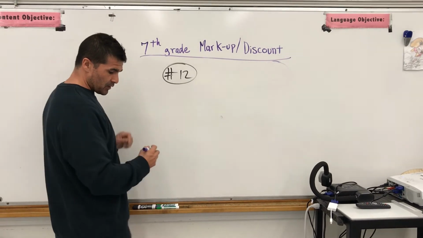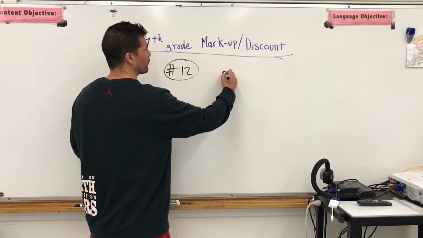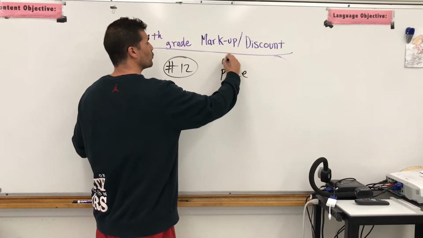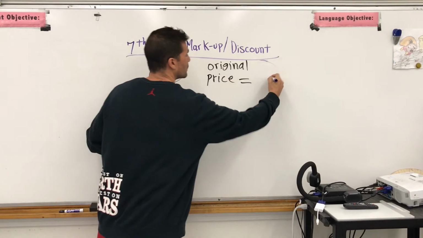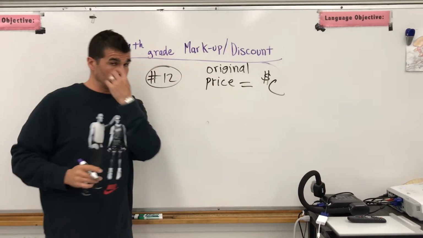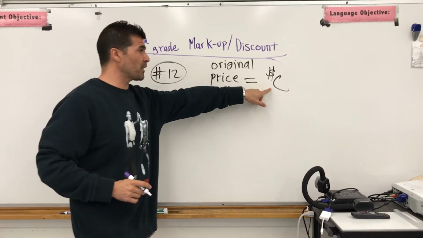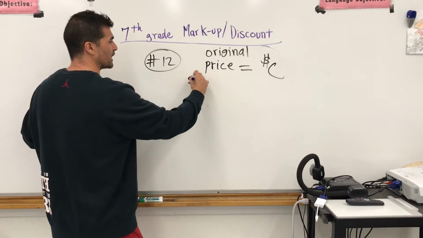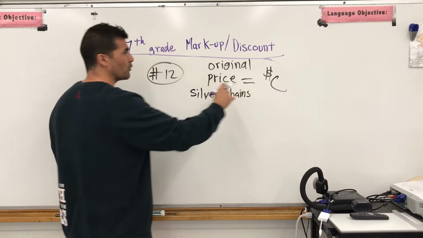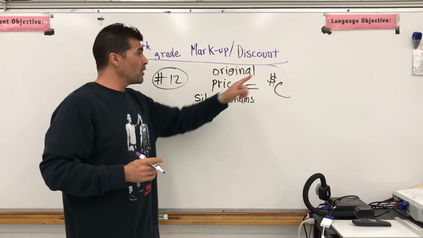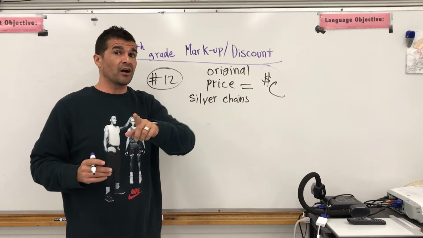Here's what you got. There's an original price C, and we don't know what it is, but we know there's an original price C for silver chains. So these silver chains are going to cost you a total of C dollars. Now, when you buy it for C, we've already gone over this.